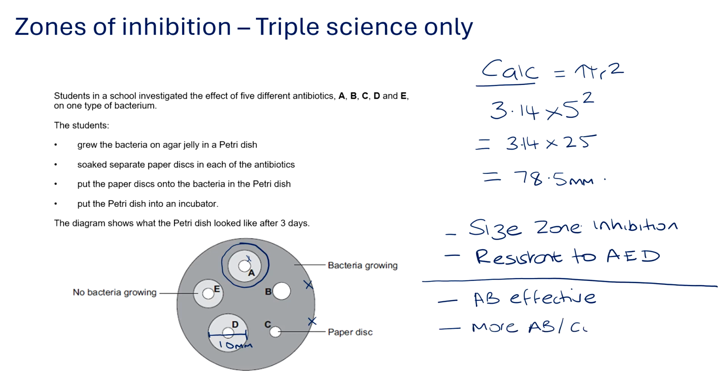And therefore, if it's a higher concentration, it could be that the bacterium are more resilient at high concentrations. But equally, the antibiotic could work at lower concentrations.